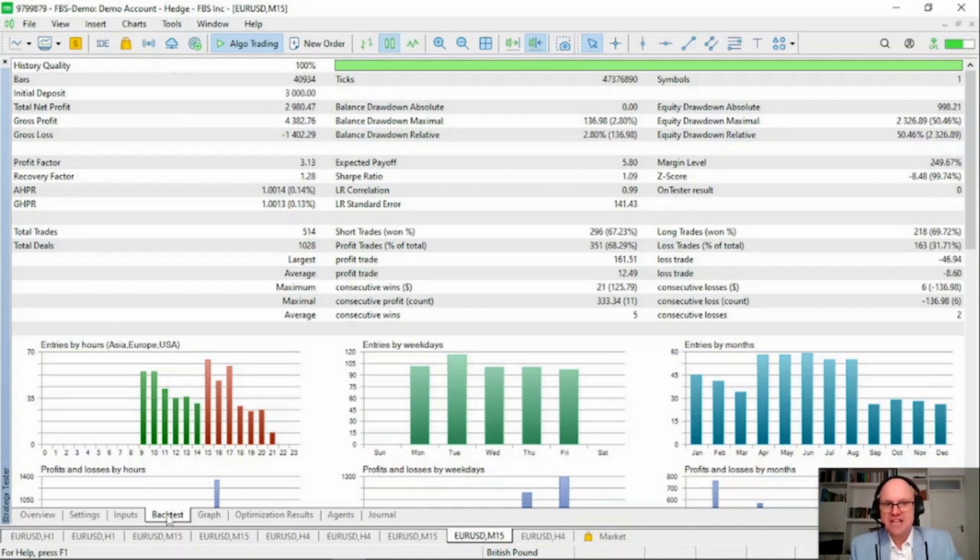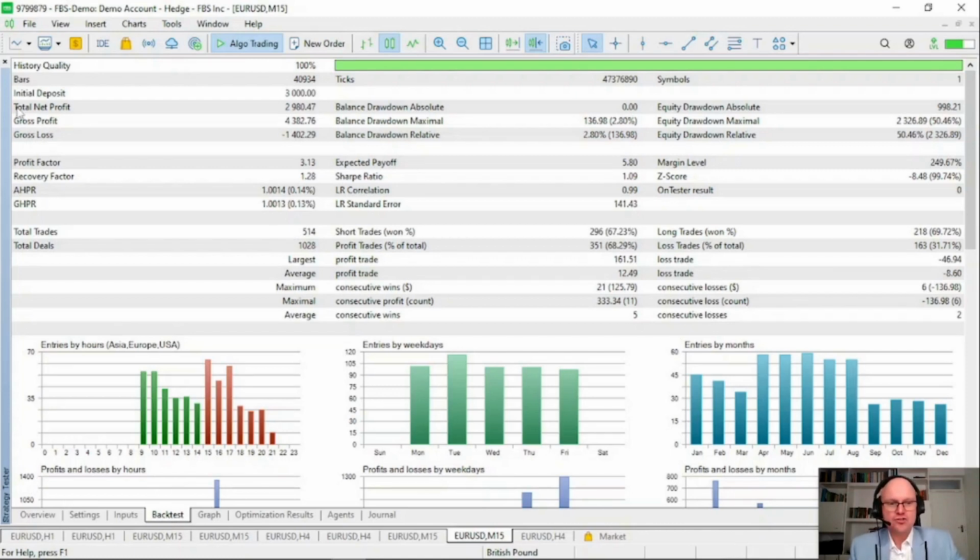However, because of its averaging style, it did have a very high win rate of 68.29%. Now, because we set specific hours for entry and exit, the bot only trades between 9 and 9 every day. It is currently set to trade all 5 days of the week and all months of the year, so we'll take a closer look at how it does in the live market.